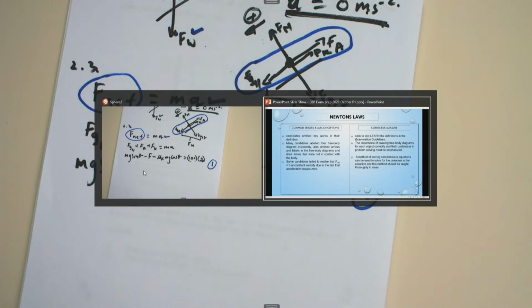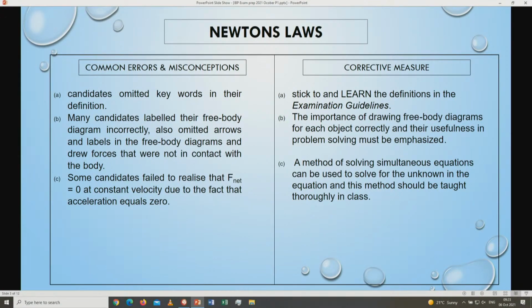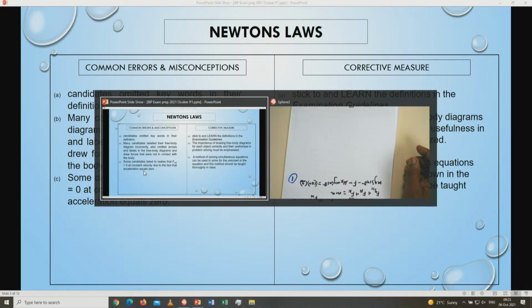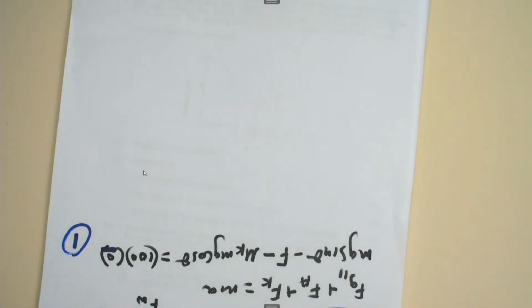Now moving further on, it says a method of solving simultaneous equations can be used to solve for unknowns in the equation, and this method should be taught thoroughly in class. This question was somehow easy because the focus was just one object.